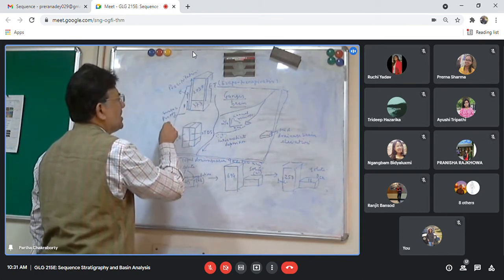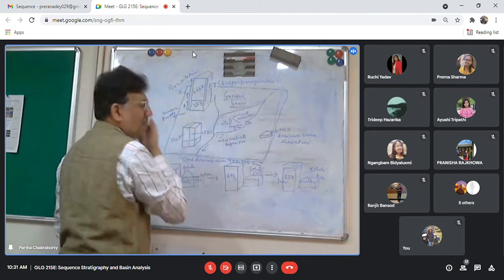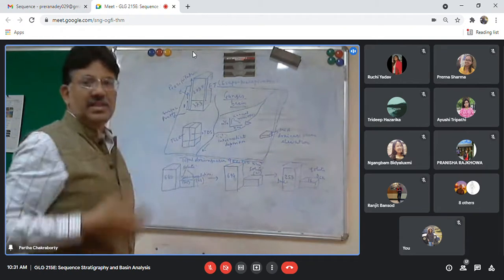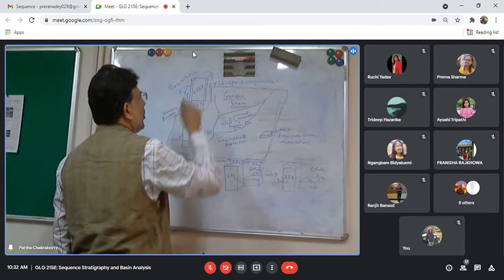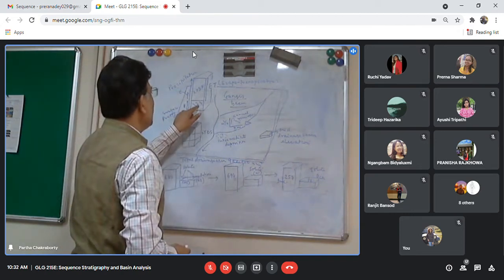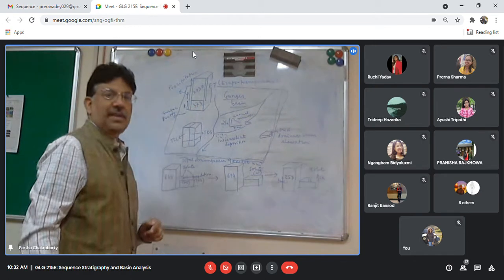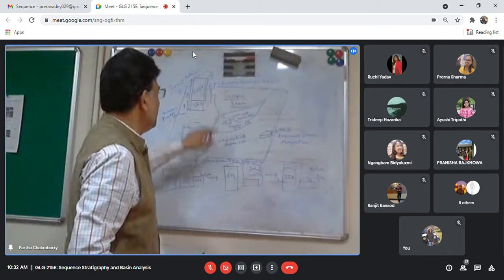R for surface runoff. This is ET, evapotranspiration. Here it is 2030. This is 373. This is evapotranspiration. Ganges basin.